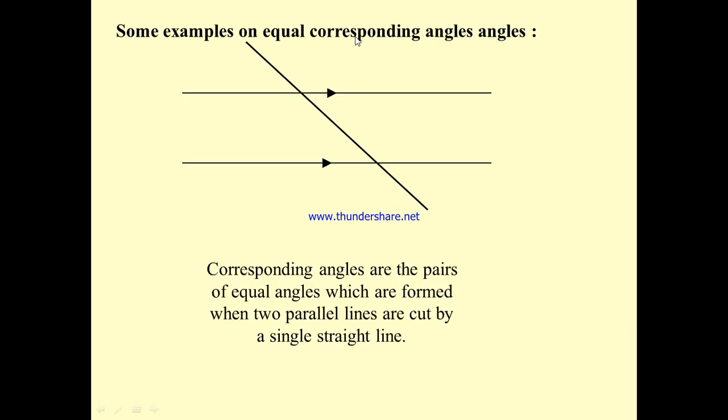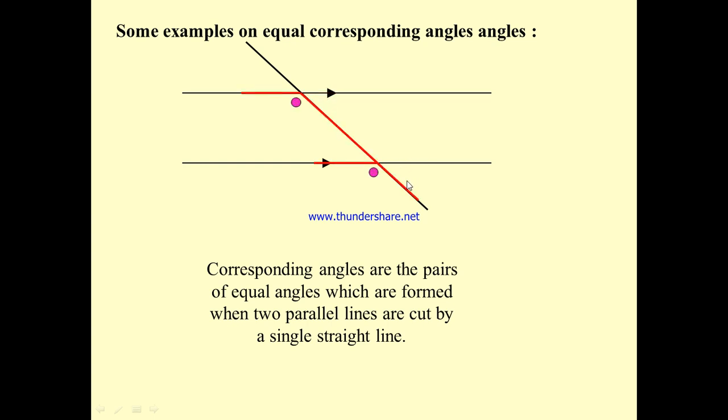Okay, now some examples on the equal corresponding angles. First, I have two parallel lines cut by a transversal. I will get a lot of corresponding angles. The first one, F shape. Notice that the two angles are below the parallel lines. Okay, they must be like each other below the parallel lines.